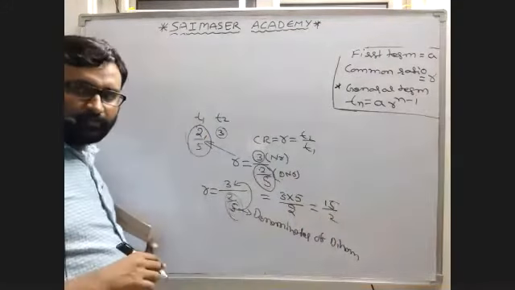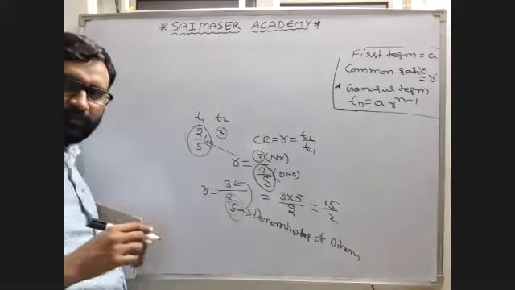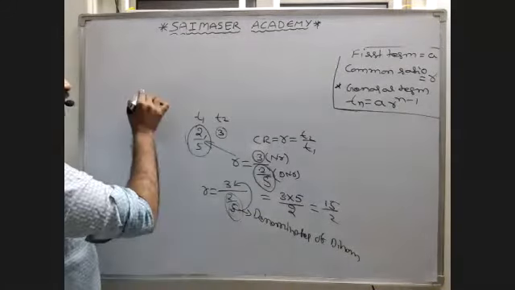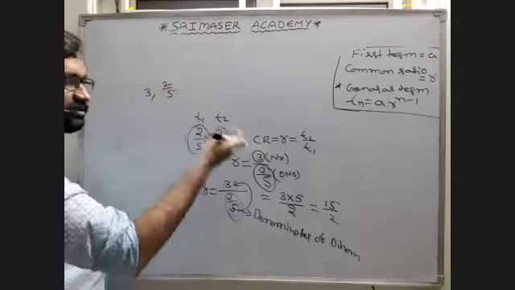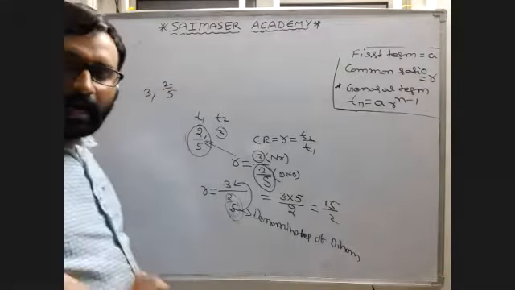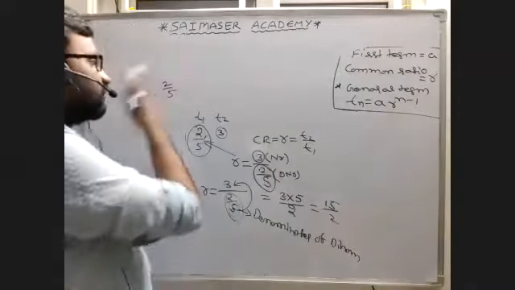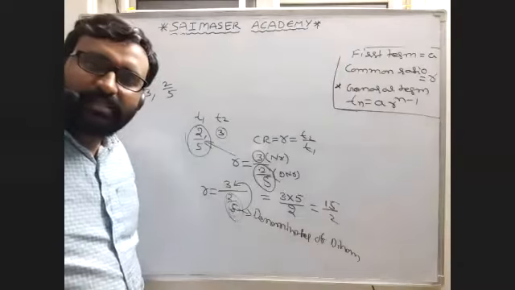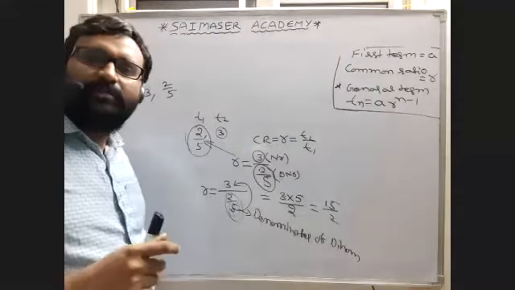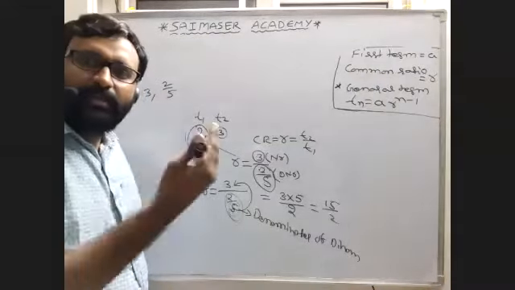This is one type. And one more type you have, like if you have 3 comma 2 by 5, this is first, this is second. The common ratio formula is the same, second by first only, whatever it is in place of the first one, whatever it is in place of the second one. But always our formula is second by first.